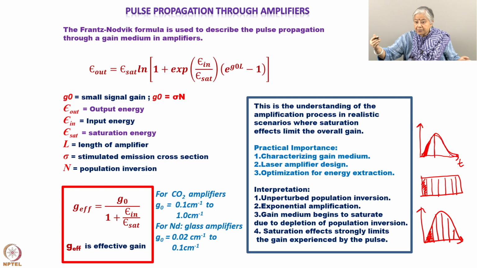Through this whole pulse propagation process, your pulse length has changed, its shape has changed, because each part of the pulse is seeing a different kind of gain. So, I will go ahead and we will see how this formula is useful in designing a whole big laser chain. It is a starting point, and you have to tweak that design, but this gives you a first initial start.